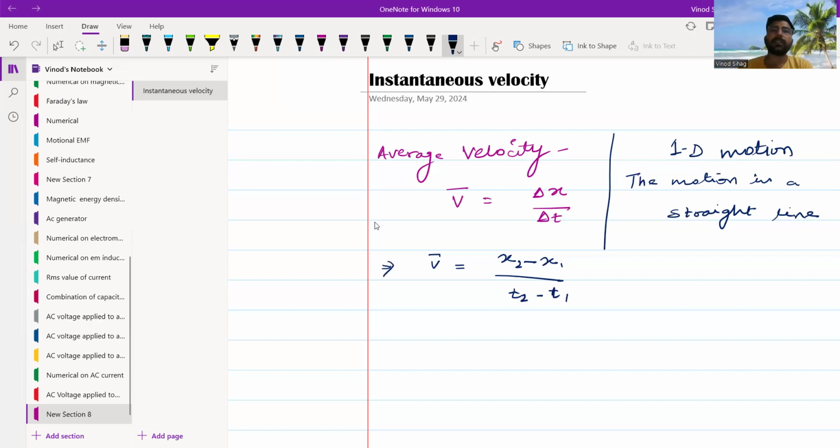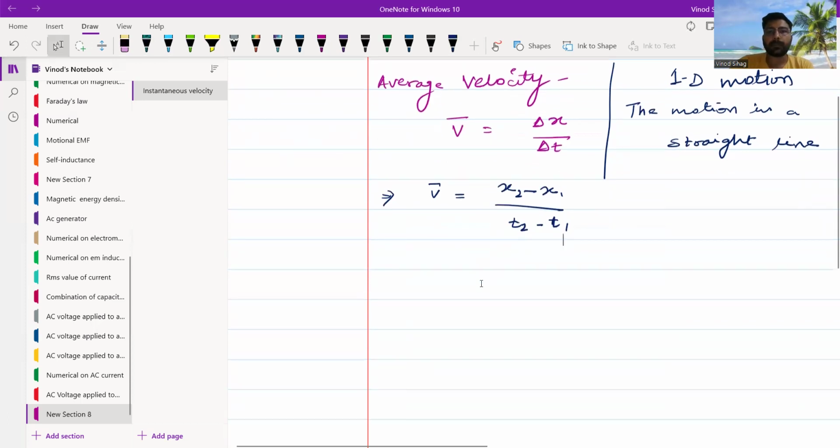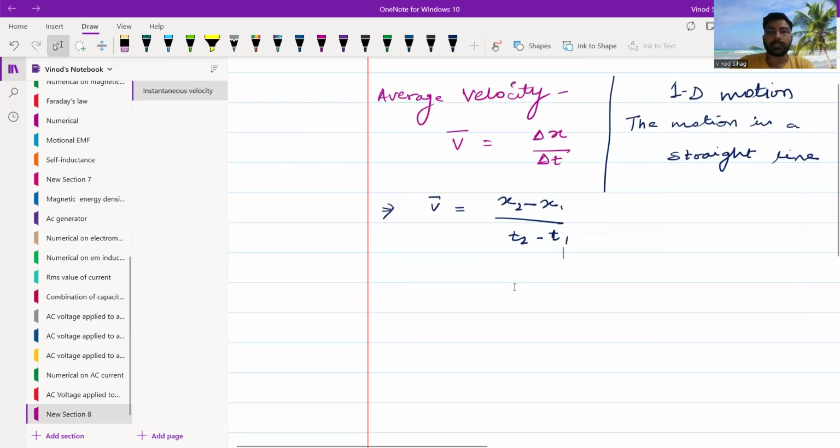Now we will move to the instantaneous velocity, how to find out the instantaneous velocity when we know the average velocity.